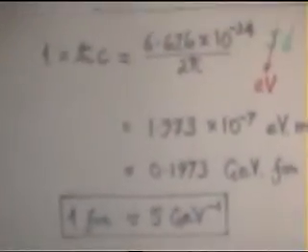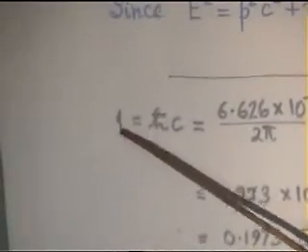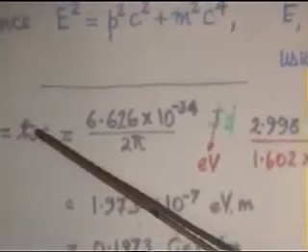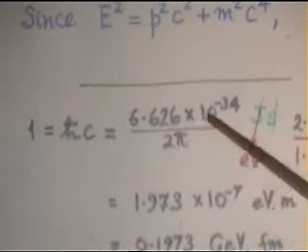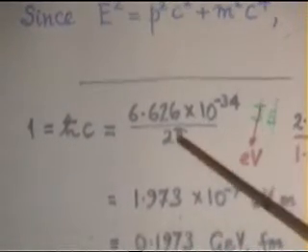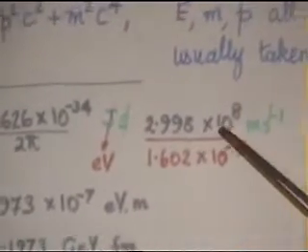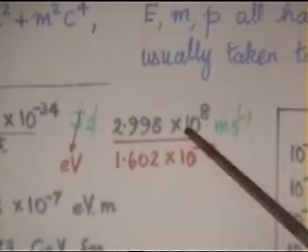So, if we look at this, setting both h and c equal to 1, if we take the product of them, in our new units it's equal to 1. And we put in the value in MKS units for h bar: here's h in MKS units, joule seconds, divided by 2 pi, and then multiplied by the velocity of light in MKS units, meters per second, which is 3 times 10 to the 8.